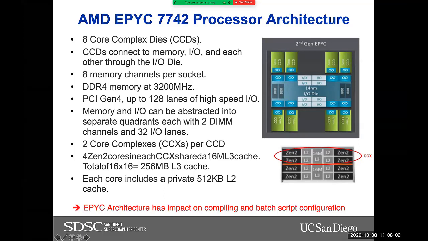But the idea is that on this EPYC processor, you've got these CCDs, core complex dies, and then they break down to these CCX modules. So you have the Zen 2 core there and memory, and they share memory between each other. And the way you build up your configuration and your batch script and your code is really dependent on the architecture of the EPYC processor.